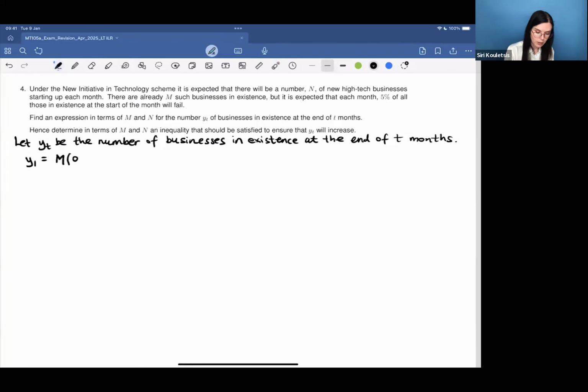So we are left with 95% then of the businesses that were there at the beginning of month 1. But during the month, also, there's a number N of new high-tech businesses starting up. So by the end of month 1, we got plus N businesses.